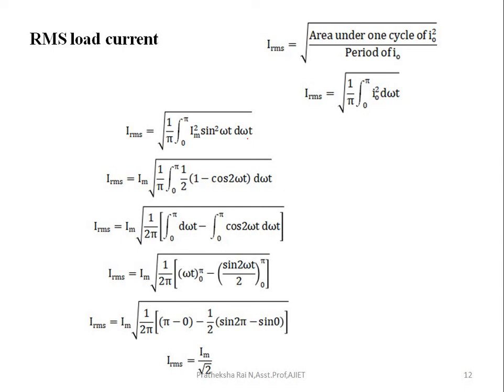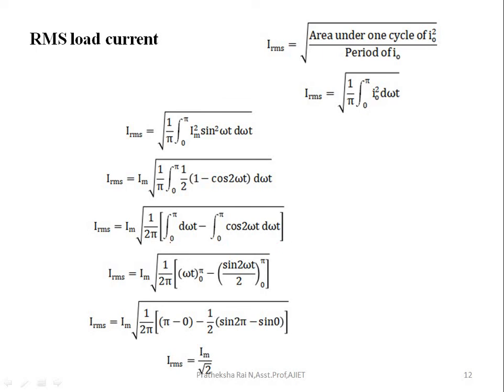Or IRMS can be written as Im into square root of 1 by pi integration 1 by 2, and you know sin square omega t can be written as 1 minus cos 2 omega t into d omega t, right? This formula you have already studied. So Im is equal to root of 1 by pi integration 0 to pi d omega t, split this, minus 0 to pi cos 2 omega t d omega t.